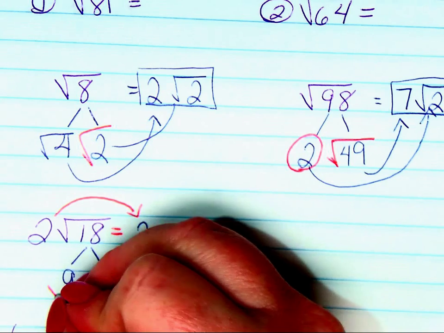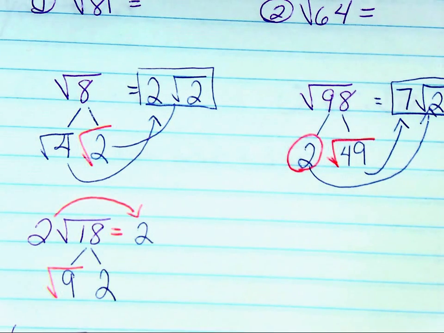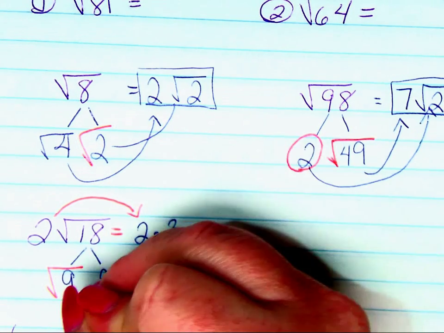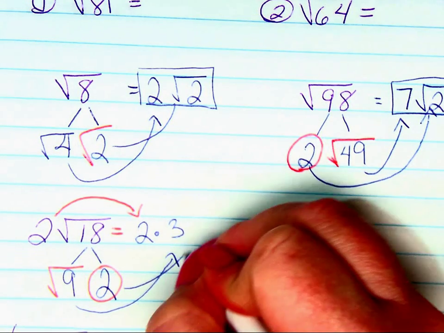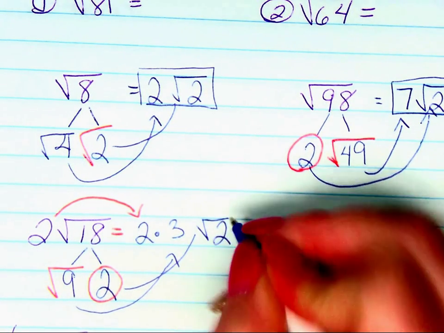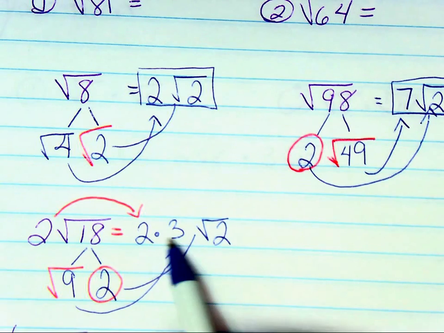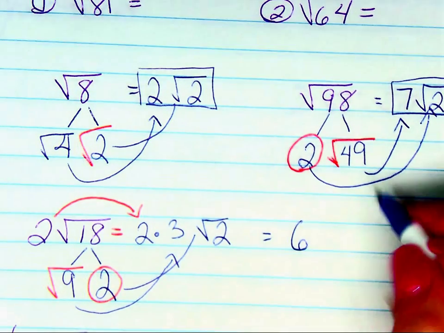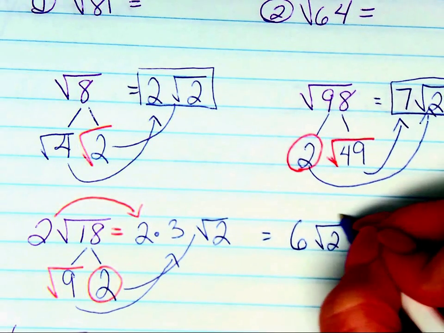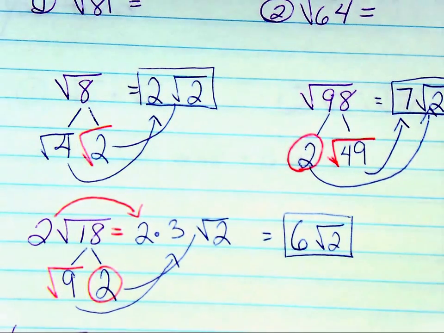This 9, I take the square root and it becomes 3. And this 2 right here doesn't have anything with it, so therefore it stays as the square root of 2. 2 times 3 is 6. The square root of 2 remains, and my answer is 6 times the square root of 2.